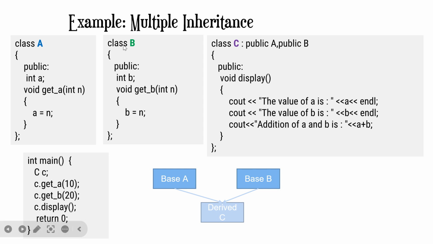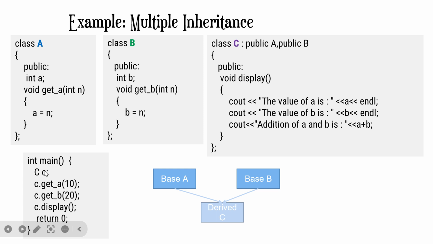Same with class B, having one data member and one member function. Class C is derived from base A and base B, and class C has a function named display.